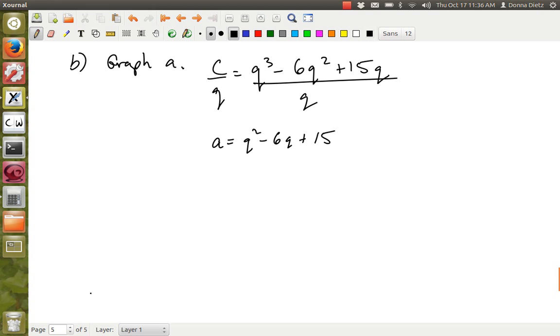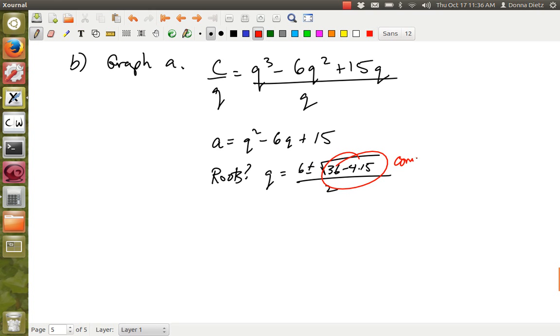And too bad it doesn't factor. Well, then we go ahead and find the roots if we can. We're going to say Q is equal to negative B plus or minus the square root of B squared minus 4AC, over 2A, and we end up with the same thing, complex roots.